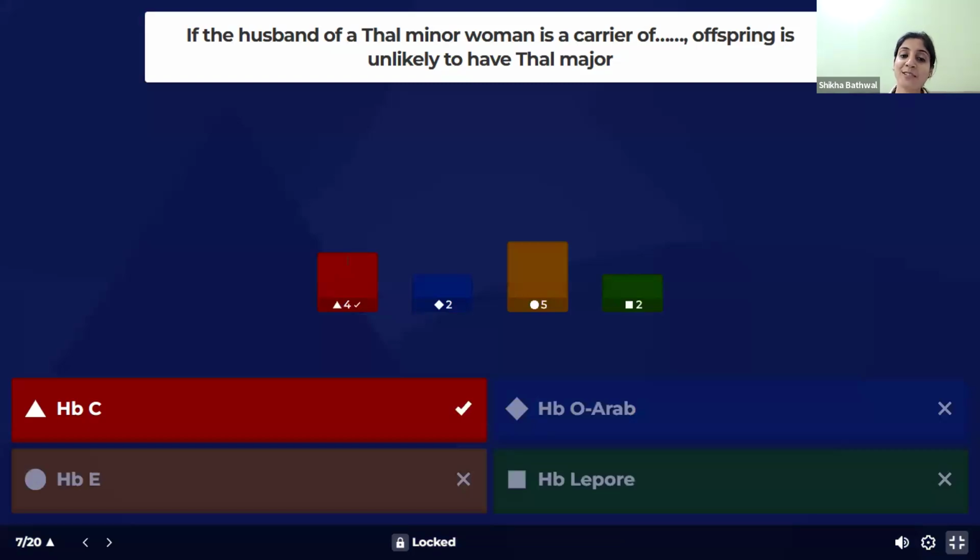So we have got only 4 correct answers. Basically, HbC does not cause thalassemia major-like disease. Even in 25%, it may cause thalassemia intermedia-like disease at maximum. With all the other 3, in 25%, it will cause thalassemia major-like disease in combination with thal minor. Next question.